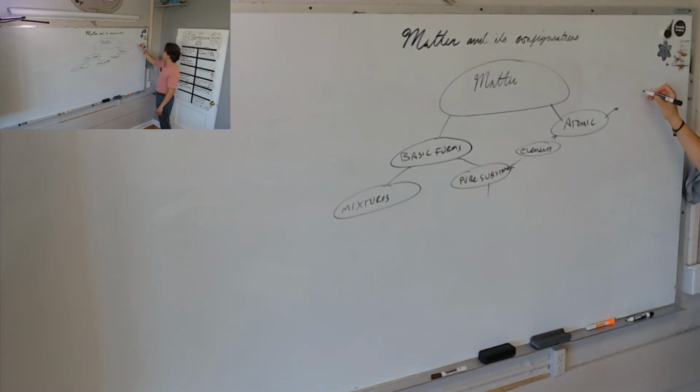This word atomic comes from the Greek letter alpha and tomon, which means cannot or without, some kind of negation: cannot be cut.